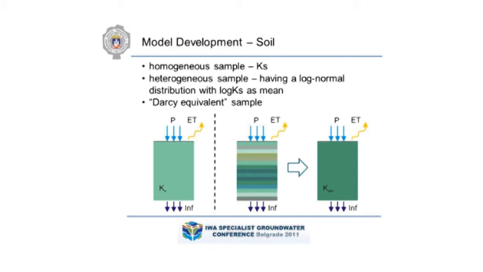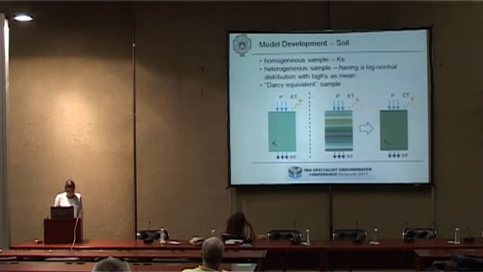What we try to do is, by using statistical methods, to create a heterogenic model, shown here in the center, with hydraulic conductivities generated by statistical methods, and eventually to find the hydraulical equivalent of that heterogenic model in a homogenic model. That is to find an equivalent hydraulic conductivity.